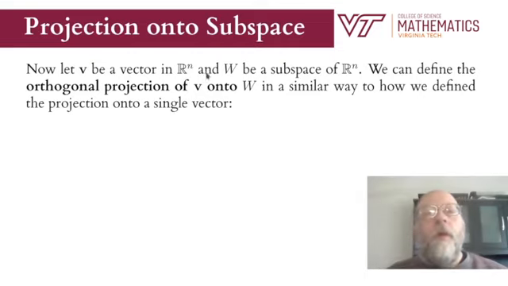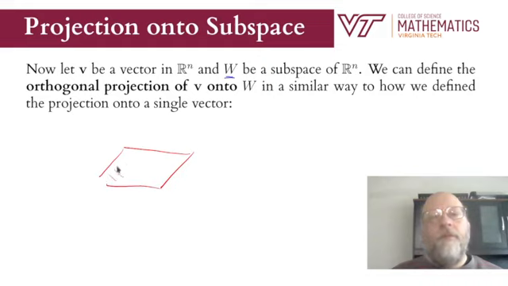So let's suppose that we have a vector that's in Rn, and instead of a single vector, we have a subspace. We can define the projection of V onto that subspace the same way that we define the projection onto a vector. So let me draw you a picture of what might be going on here. So let's say my subspace is a plane. It's the span of 2 vectors.